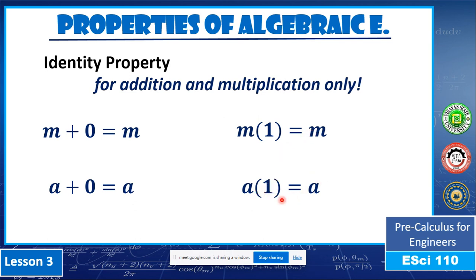Kaya tinatawag siyang multiplicative identity property. So, this is very important class, especially if you're going to convert units. Kasi for example, mga numbers na if you want to convert, for example, density, i-convert mo siya into kilogram per cubic meter, from kilogram per cubic meter to pounds per cubic inches.